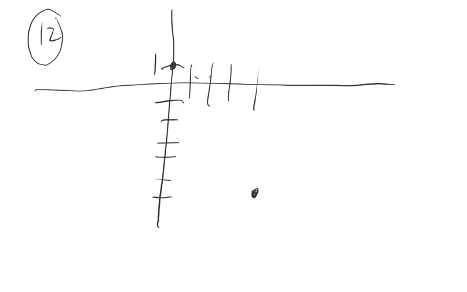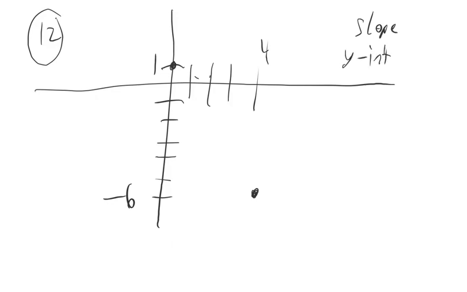So it goes right 4 and down 6, to 4 units right and then down to -6. So we're going to find the equation of this line. We need to identify 2 things: we need to find the slope, and we need to find the y-intercept.